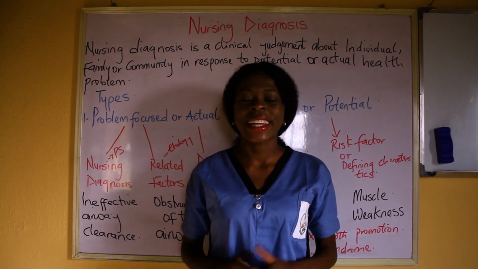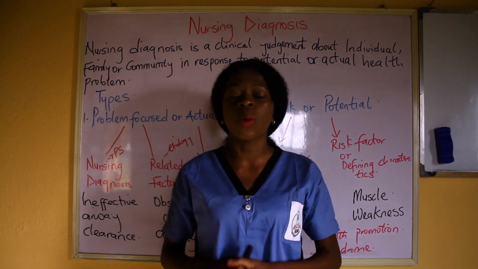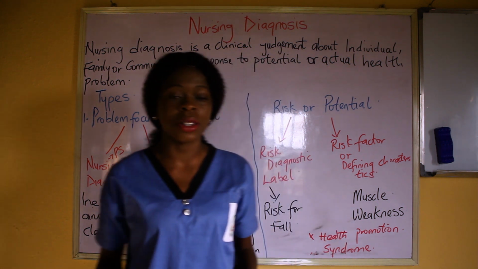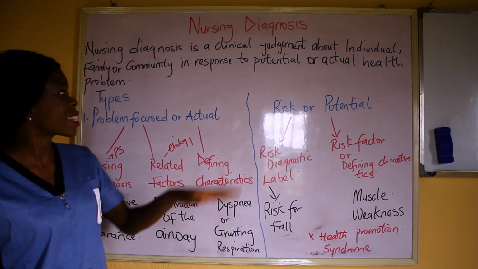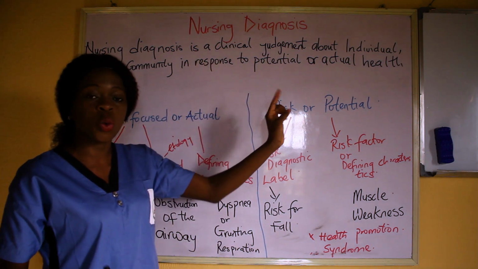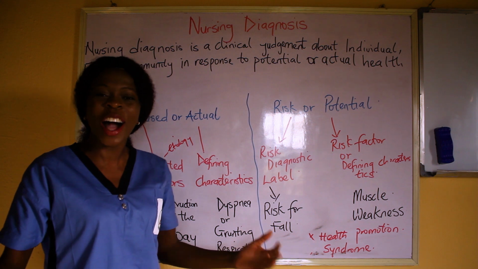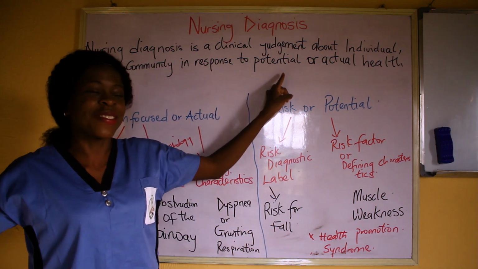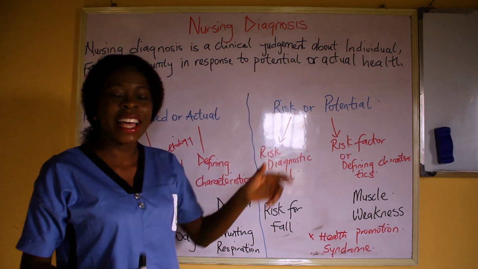Alright, welcome back. Like I earlier said, today we're going to be talking about nursing diagnosis. What is nursing diagnosis? Nursing diagnosis is a clinical judgment, not a law judgment. It's a clinical judgment about what?